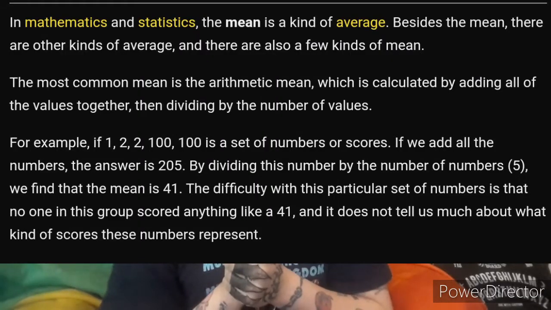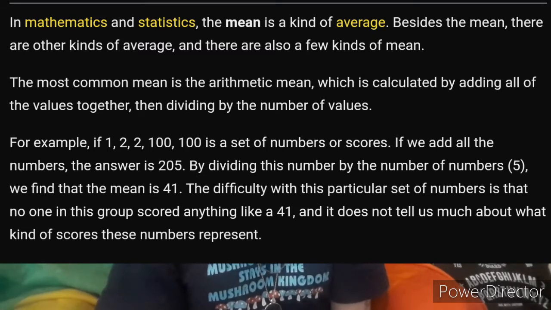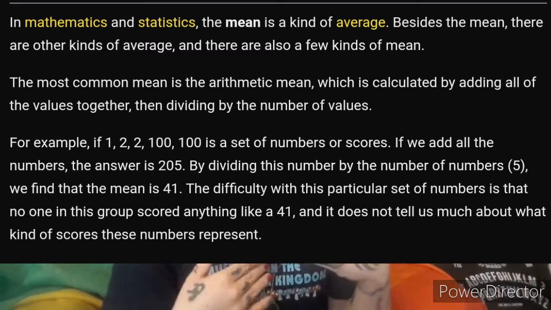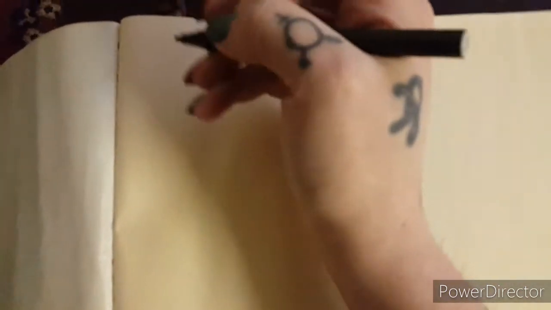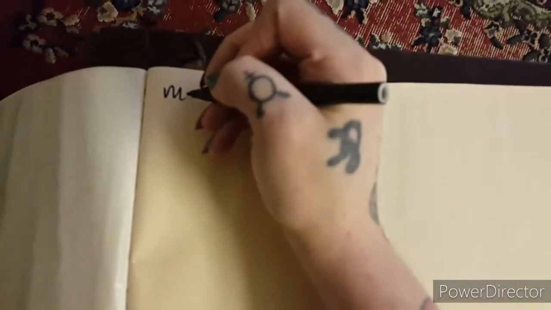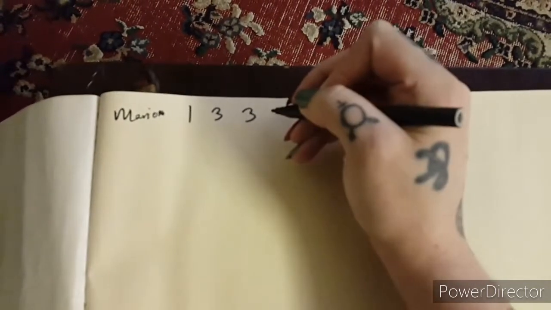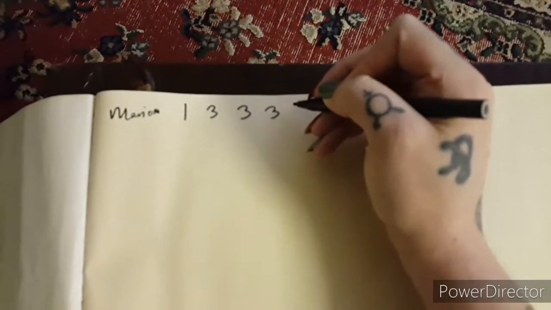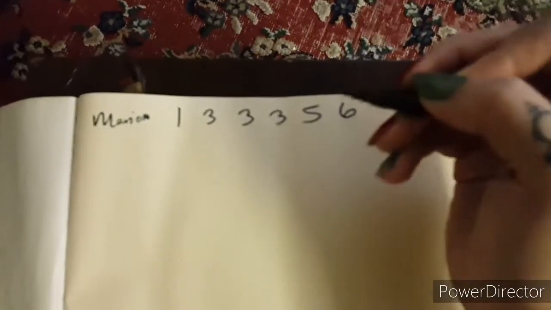In mathematics and statistics, the mean is a kind of average. Here, it is calculated by adding all the values together, then dividing by the number of values. To calculate the mean, we take the values of any set of numbers. In this case, we've got the values 1, 3, 3, 3, 5 and 6.